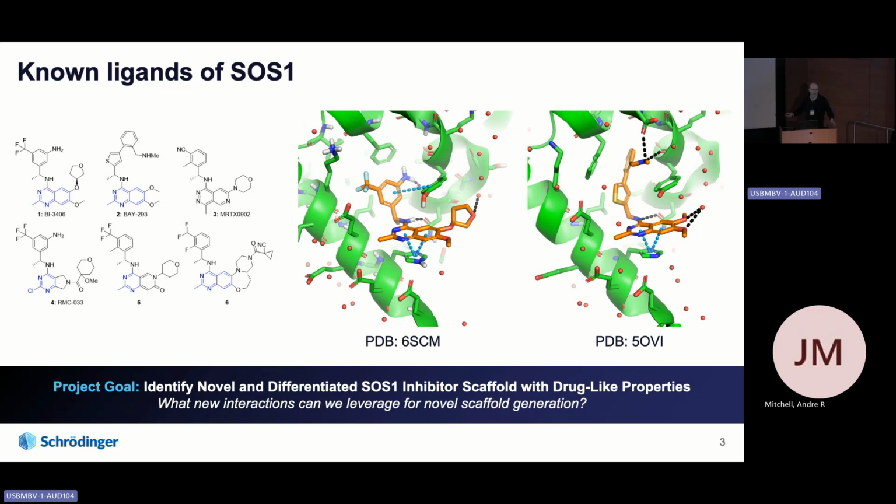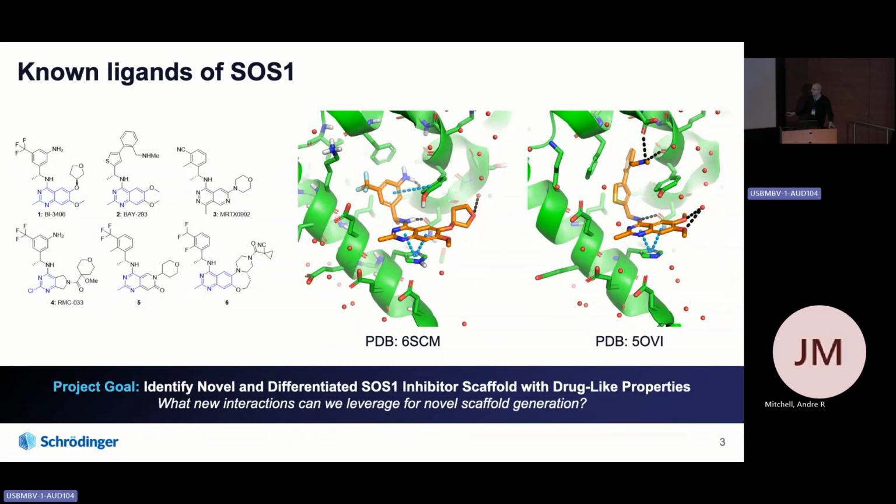And that's really ubiquitous. That's the pharmacophore for these types of inhibitors. The question that we had and the goal that we set out for ourselves is to see if we could identify a novel and differentiated SOS1 inhibitor scaffold with drug-like properties. And the way that we wanted to do this was by seeking out new interactions in the binding site to leverage a novel scaffold generation.